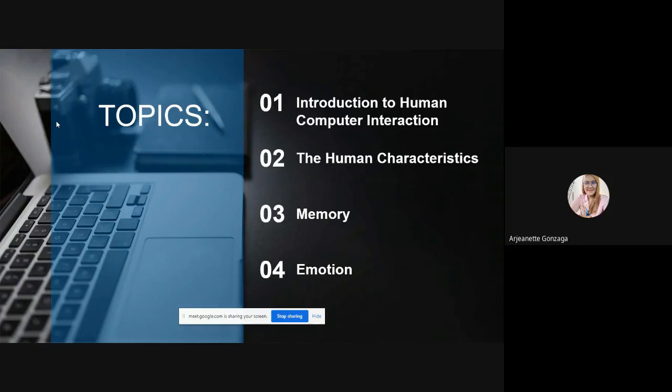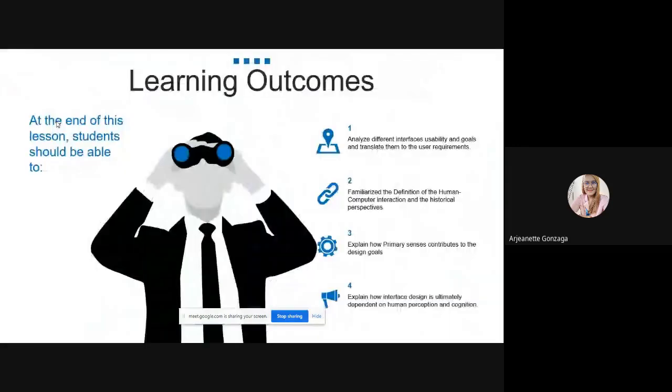So, what are the learning outcomes? At the end of this lesson, you should be able to analyze different interfaces, usability, and goals, and translate them to the user requirements. Number 2, familiarize the definition of human-computer interaction and the historical perspectives.